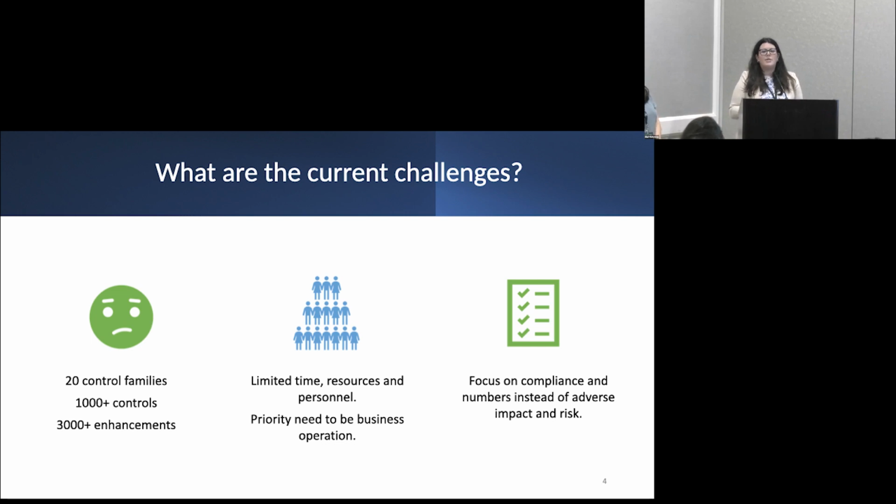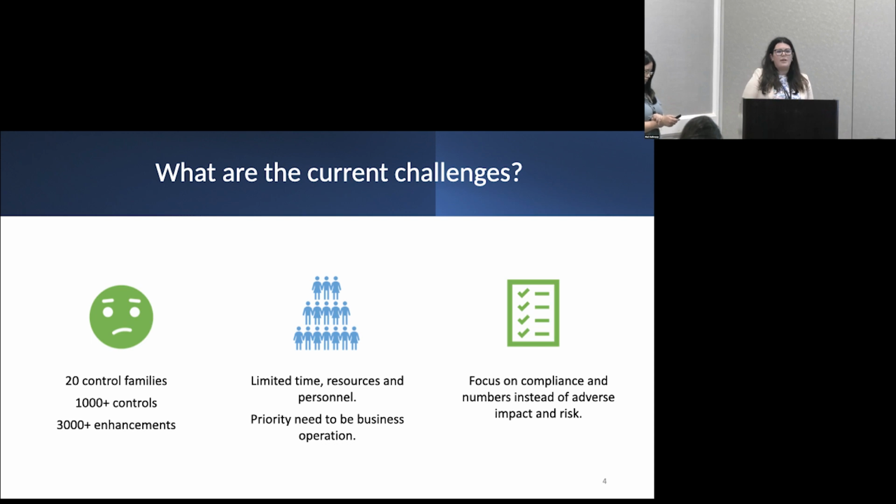So a lot of times organizations, when they are conducting risk assessments and assessing those controls, their focus is on this entire set of controls, as opposed to focusing on what are my current risks, what are the highest risk items, and what does that impact in the organization?